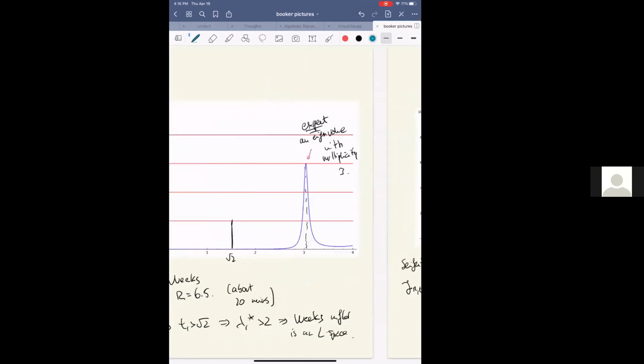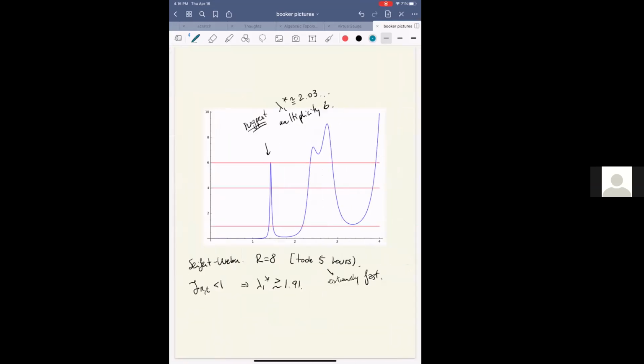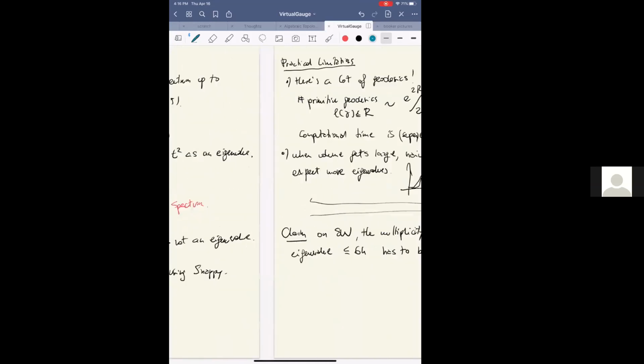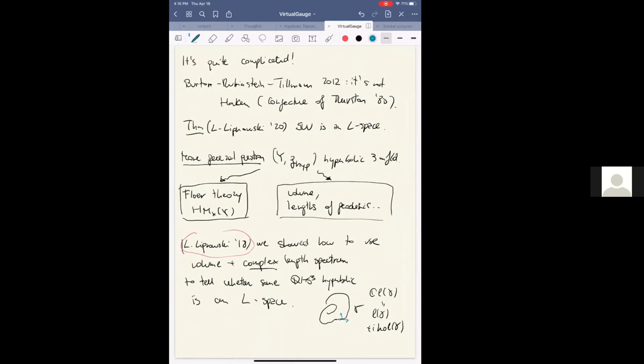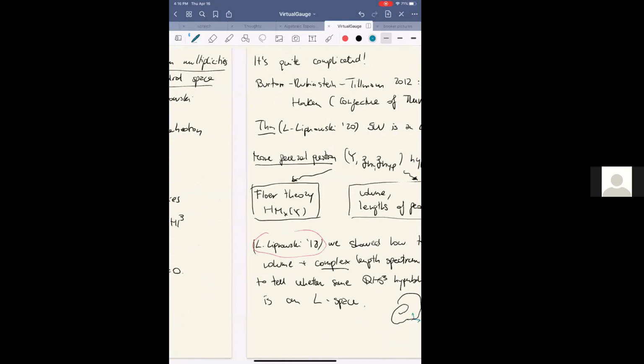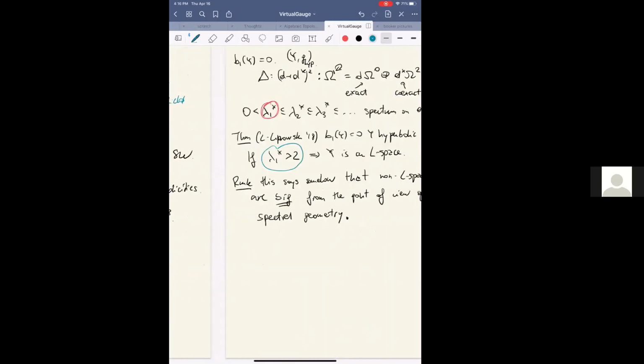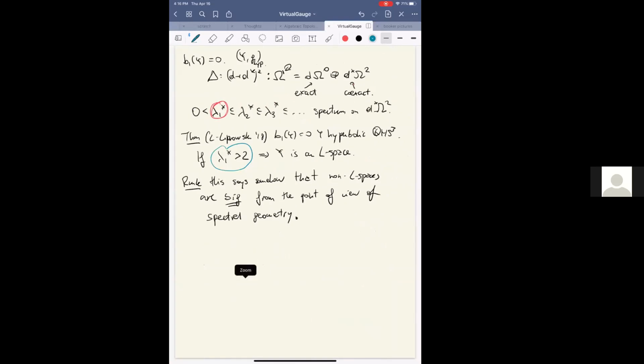So these are the estimates from 2018 so far. I'm not sure how to improve them, but it would be very cool to incorporate other geometric quantities, like volume and injectivity radius to start with.